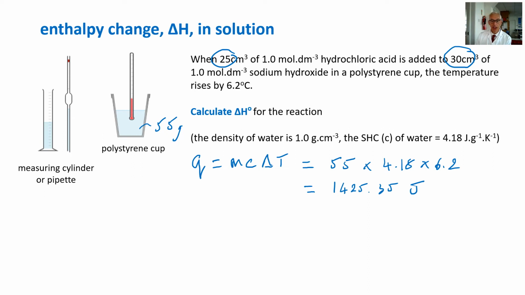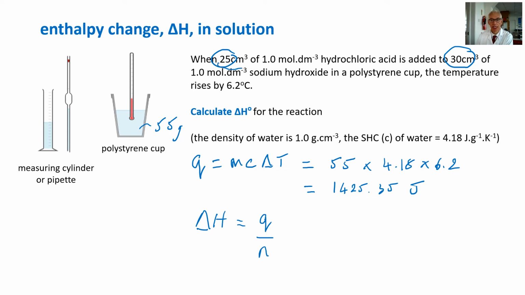Now, delta H is a molar quantity, so we have to divide the energy transferred by n, the number of moles. Now, where am I going to get the number of reacting moles from?